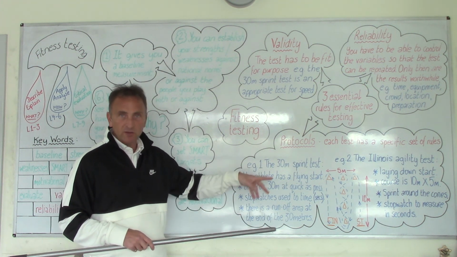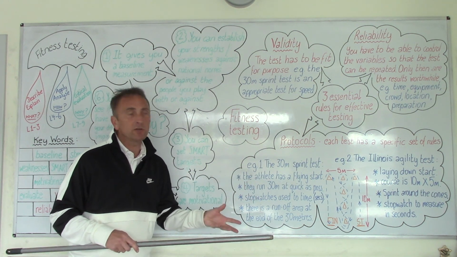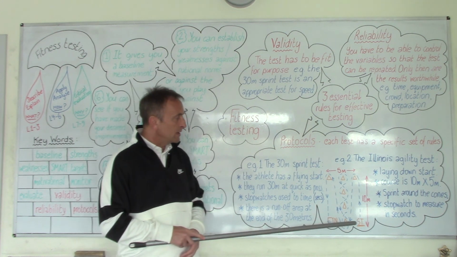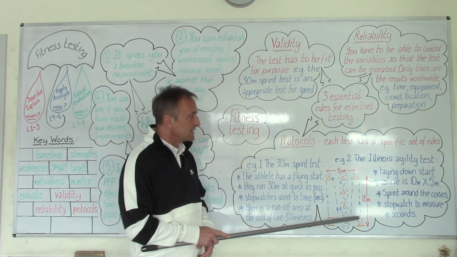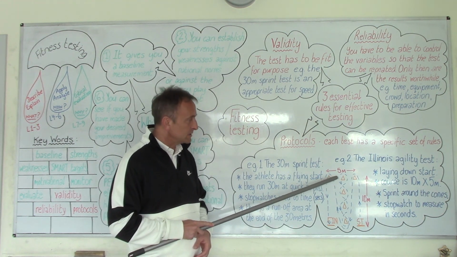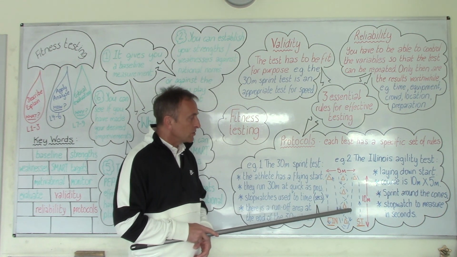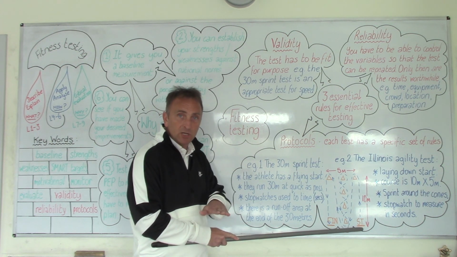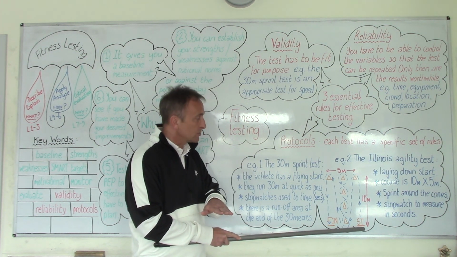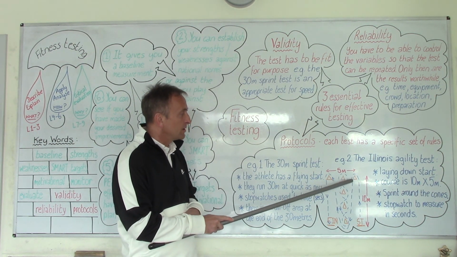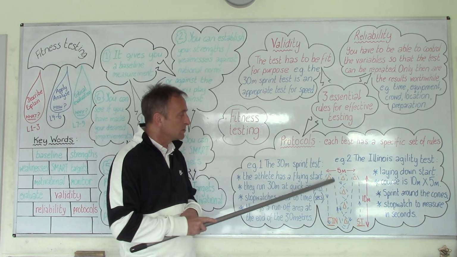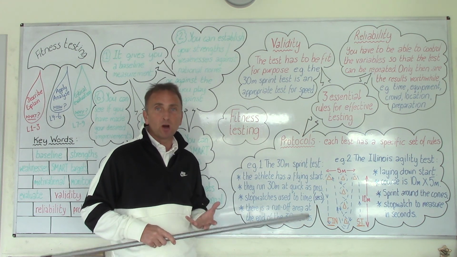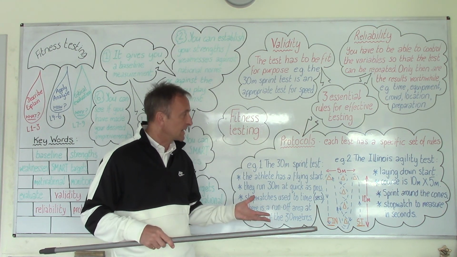There are slightly more difficult protocols for the Illinois agility test, which is my example 2. On this one, the course is 10 metres by 5 metres, and the runner starts from a lying down start, and when the whistle or the gun goes, he has to run in between the cones as quickly as possible. You use a stopwatch to measure in seconds.